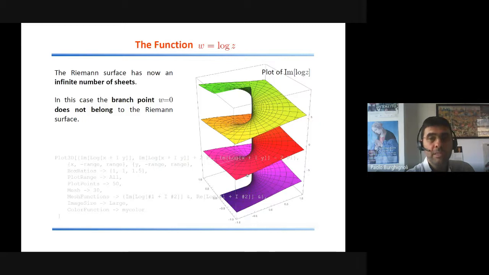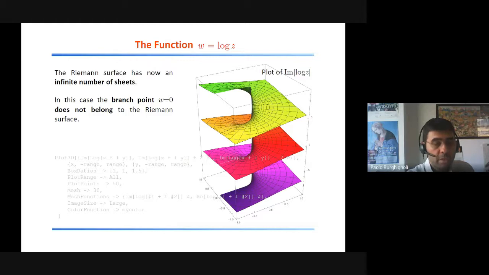And here you can see an image that gives you an idea of what would be the shape of the Riemann surface associated with the logarithm. Since the logarithm is infinitely many valued, the Riemann surface will be made of infinitely many copies of the complex plane.